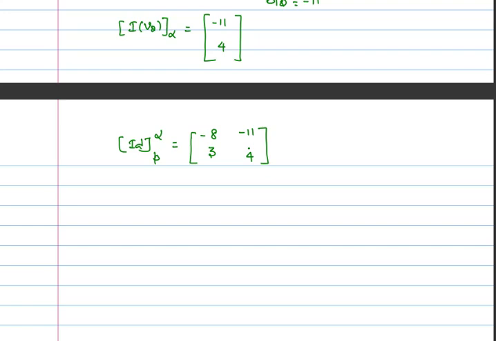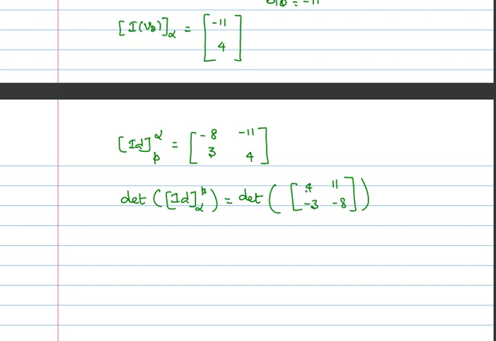So you can see any relation, that is the key. If you look, what is the determinant of this matrix? The determinant of the matrix is 1, you will get it, correct? Determinant of I alpha to beta, that is the determinant of 4, 11, minus 3, minus 8, correct?